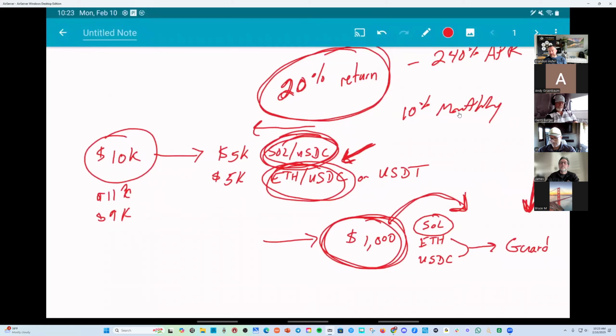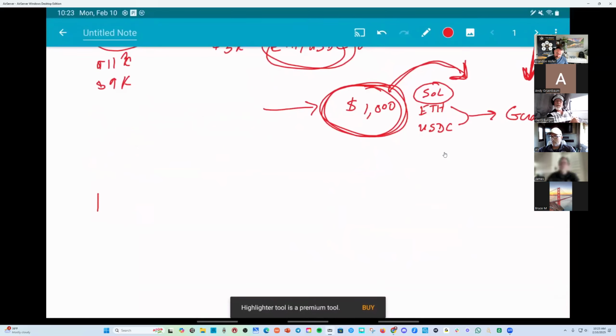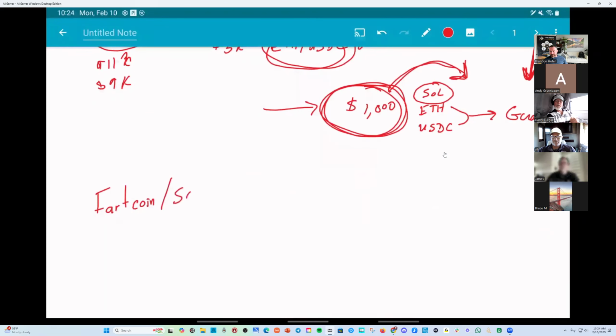Now, my actual portfolio is a little more complex than this. I'm just saying if all you had was 10K that you're willing to put into liquidity provision in V3, this is one example of how you could approach that in a risk-mitigated way. If you wanted to go high risk, sure, I'm going to buy fart coin and Sol and get my 4% a day or whatever.